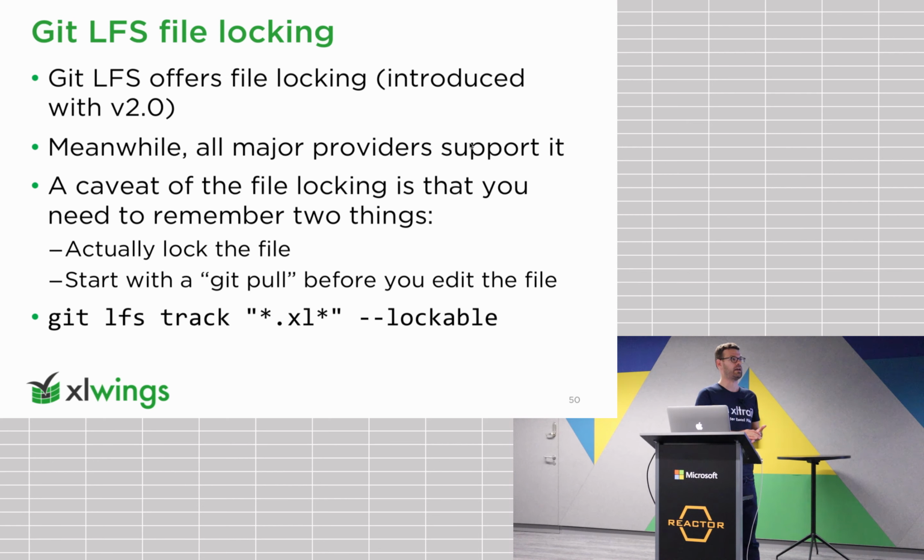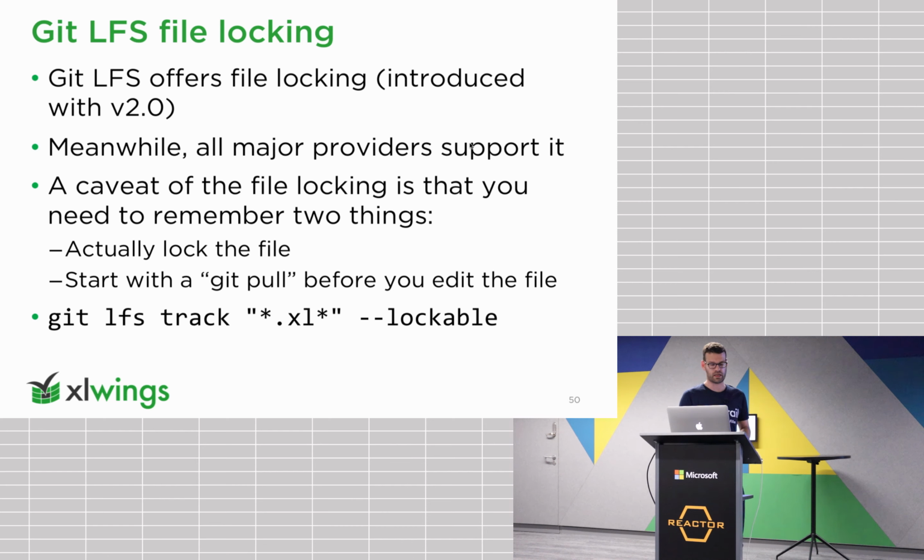So today you can use GitHub, GitLab, Bitbucket, or even Azure DevOps, and they all support the official Git LFS file locking API. And it works the same if you have set up your repository to work with Git LFS.